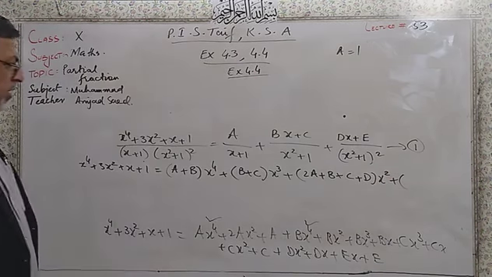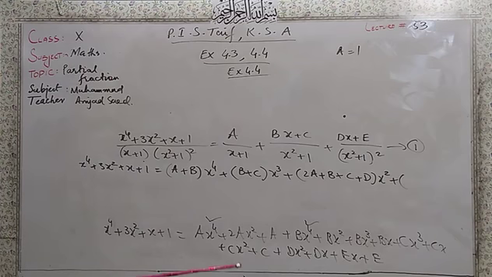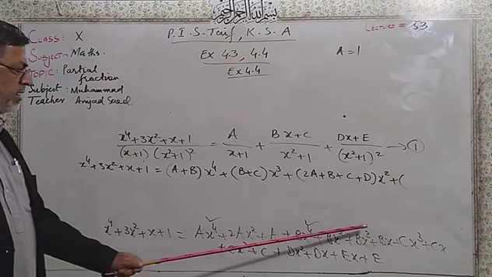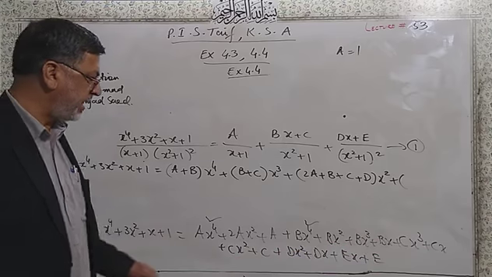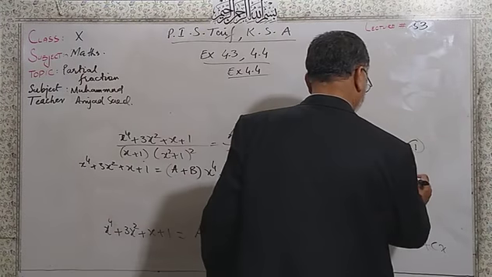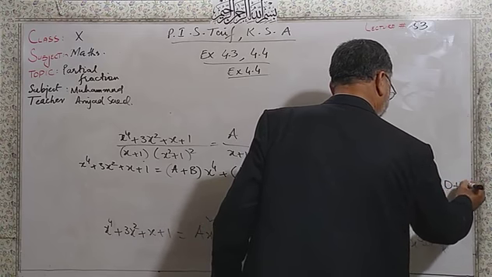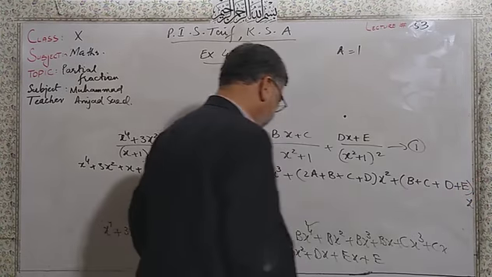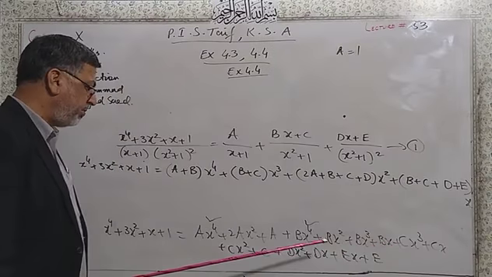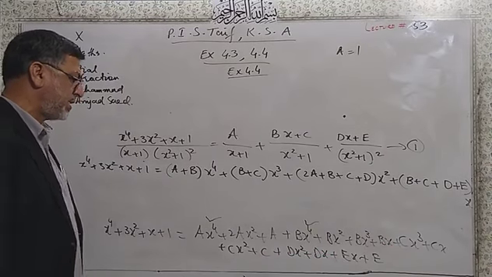Then we will write down all the terms involving x. This is b plus c plus d plus e into x.